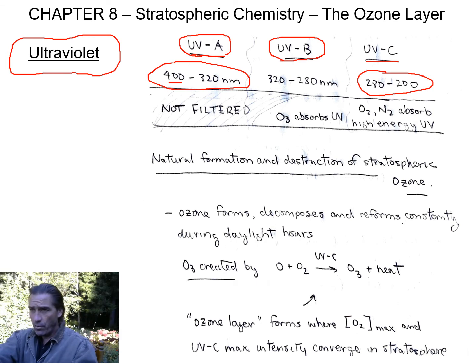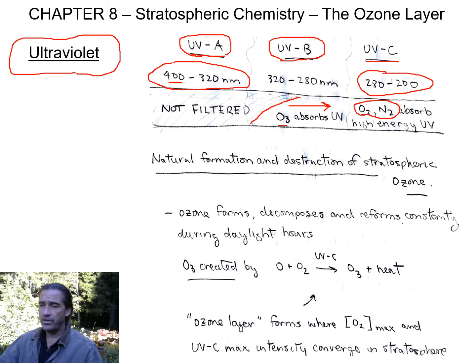What we see here is that these higher energy wavelengths are absorbed by either ozone, or in the case of the very intense UVC, they're actually absorbed by oxygen and nitrogen.